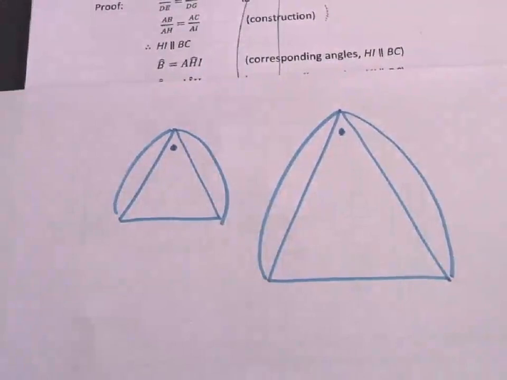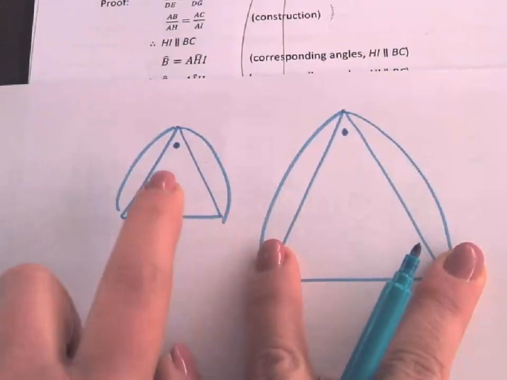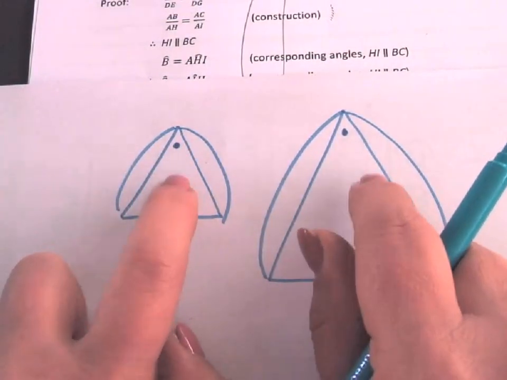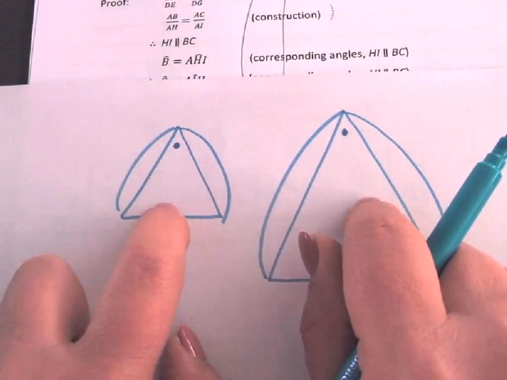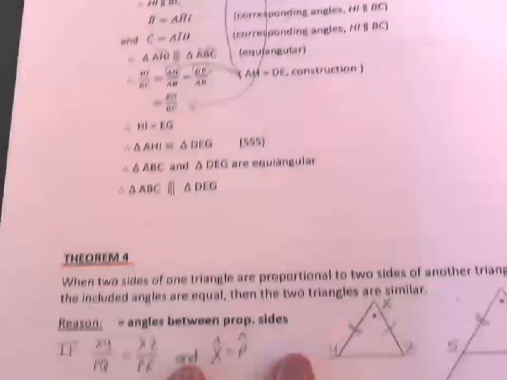So if you can prove that these two proportions are equal with an included angle that is equal, then these two triangles are similar. Okay, that is theorem 4.